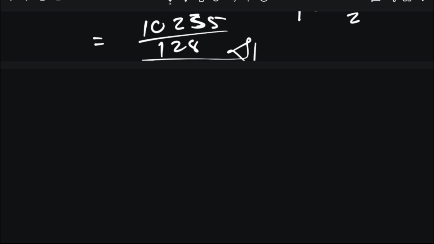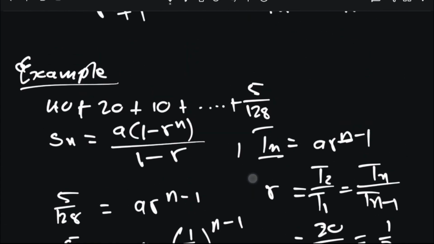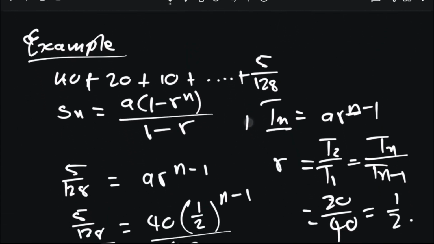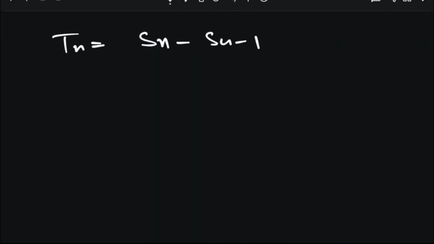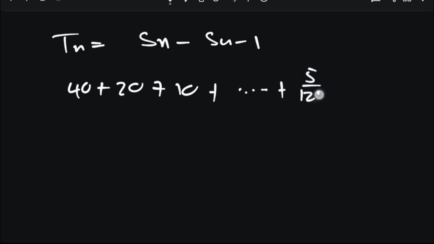Right. So there is another thing that I want you to keep in mind. You need to know that your Tn is equal to Sn minus Sn minus 1, right? So to prove this, let's go back to our given series, which is 40 plus 20 plus 10 plus 5 over 128.